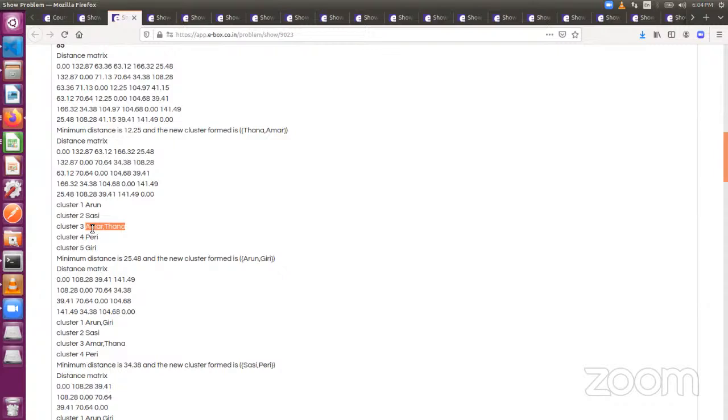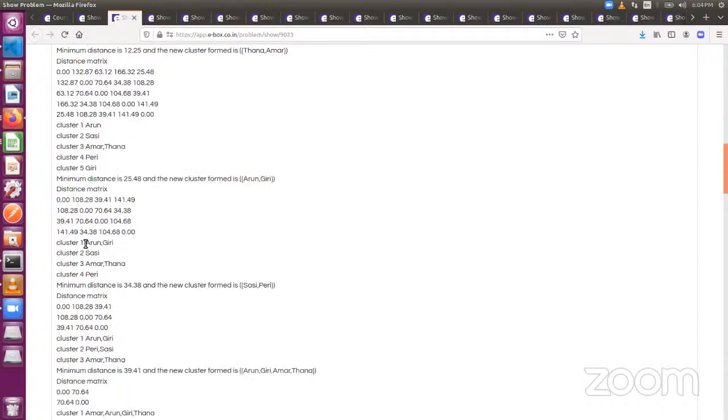Okay, now their center point will be taken as cluster 3, and then again formulate the distance. Okay, so if you do that, you can see that next Arun and Giri would be forming a single cluster. Okay, so that would be cluster 1, and cluster 3 would be Amar and Dana itself, and then we have the other individual points.